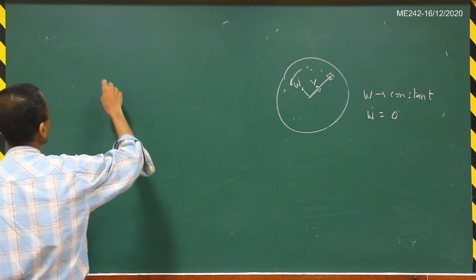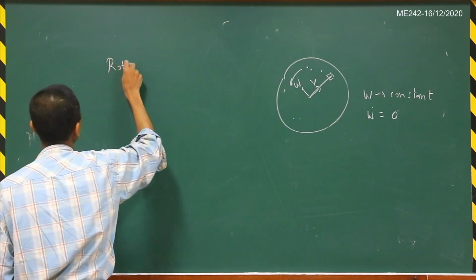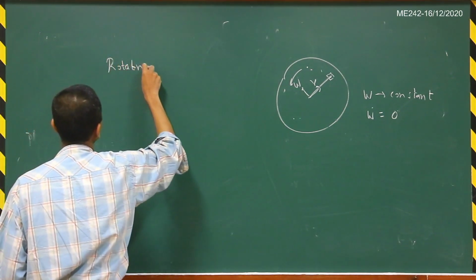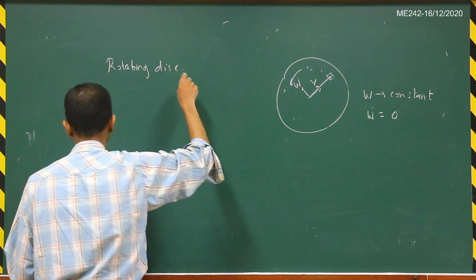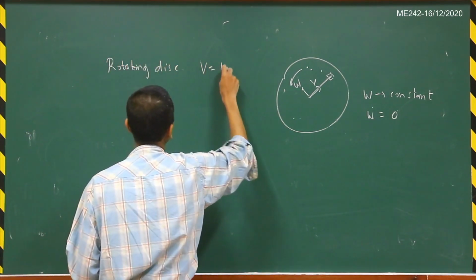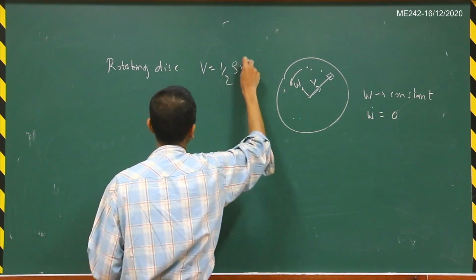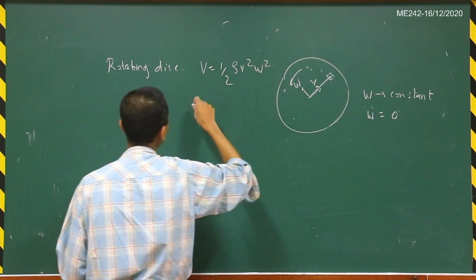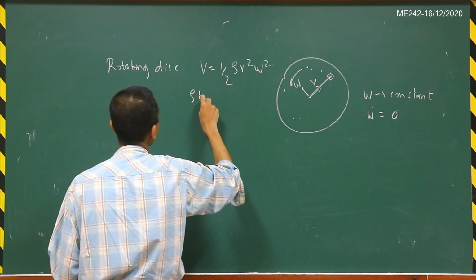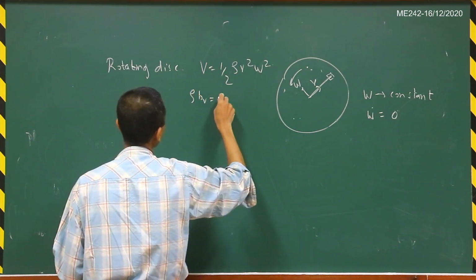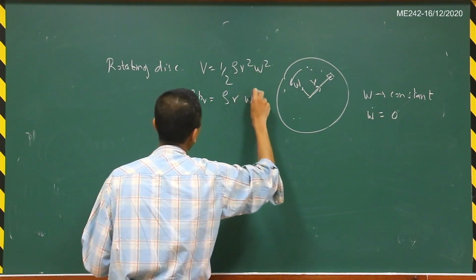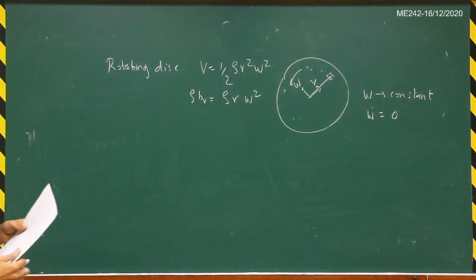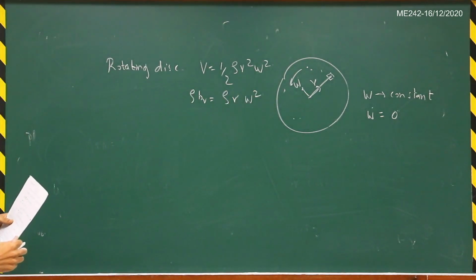So in this rotating disk problem, we will take V to be half of rho r square omega square. So that means rho times the body force will be rho times del V by del R, which will give me rho R omega square.